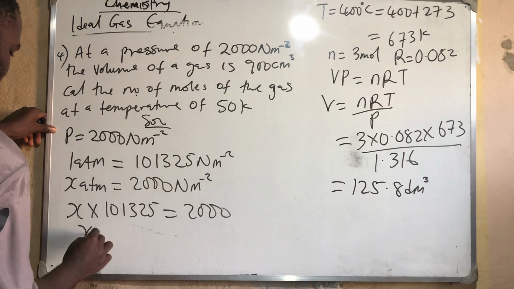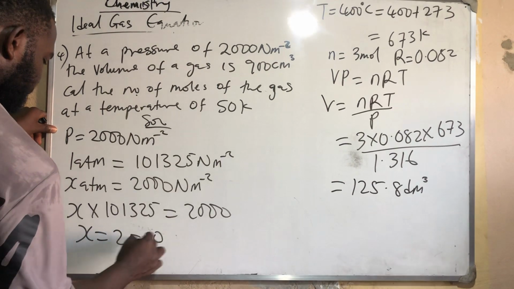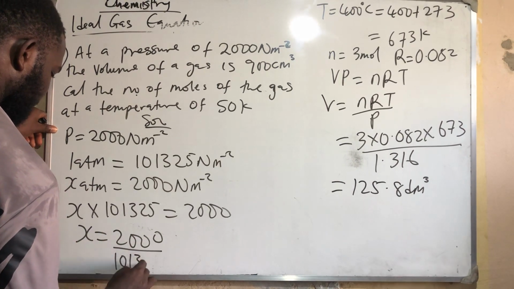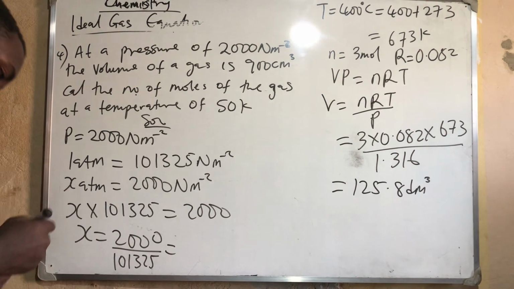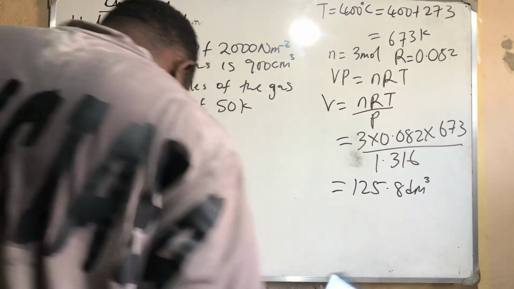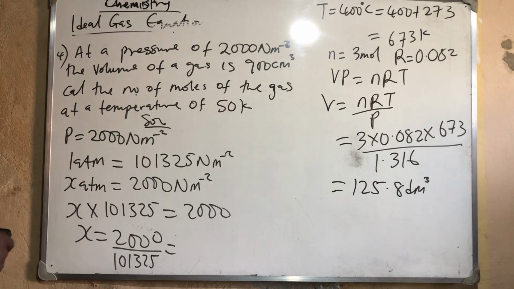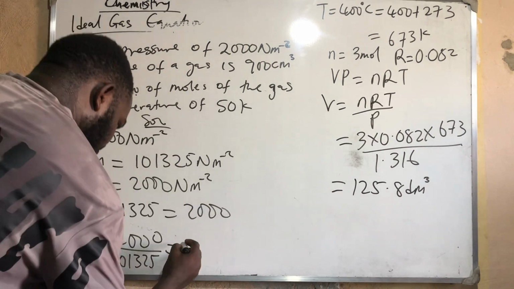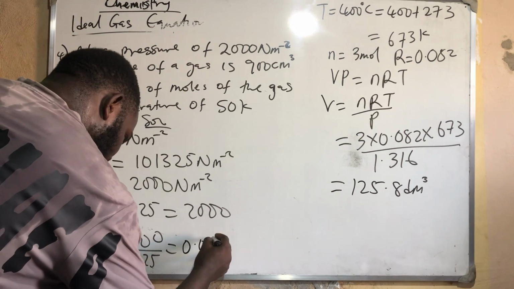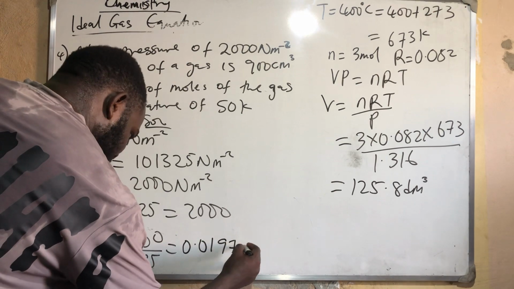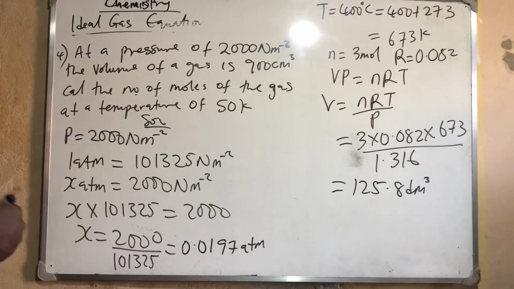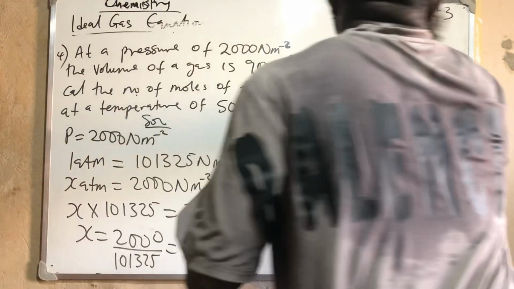So my x is 2000 divided by 101,325. Let's calculate that. I'm having 0.0197 atm.